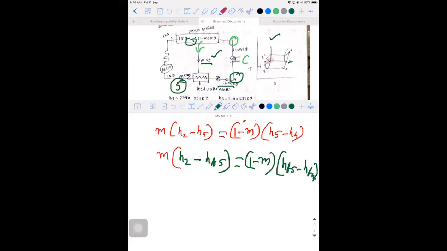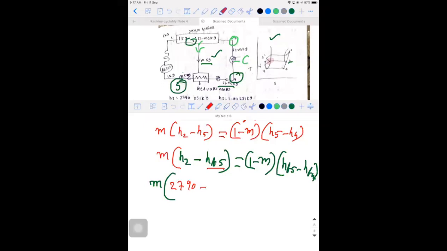And now, after having this, let us start substituting the values. m into h2, what is the h2 here? h2 is 2790 minus hf5. Once again, you have to get it from your steam table. So in the steam table, what is P5?